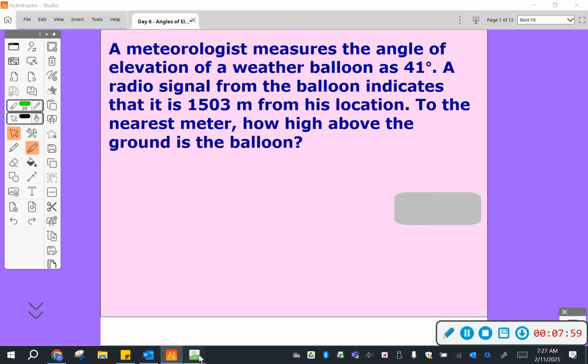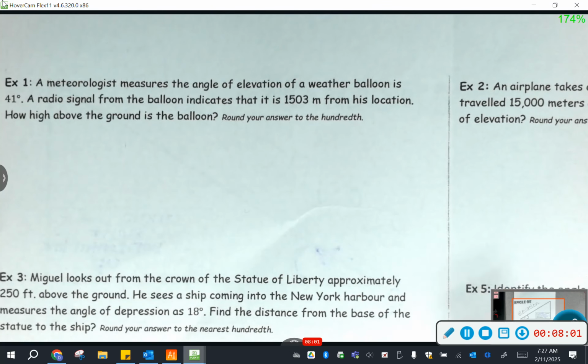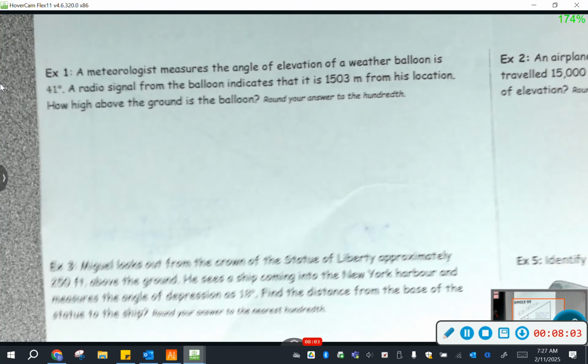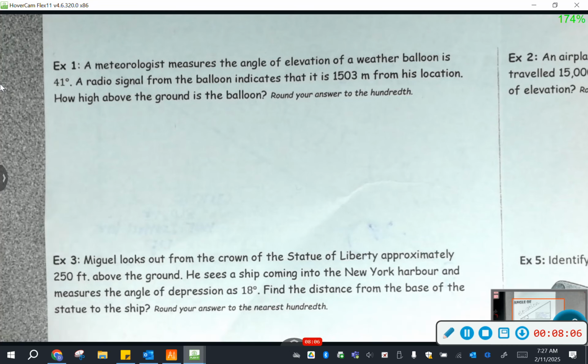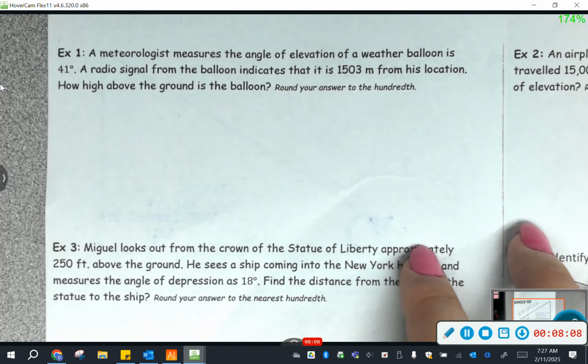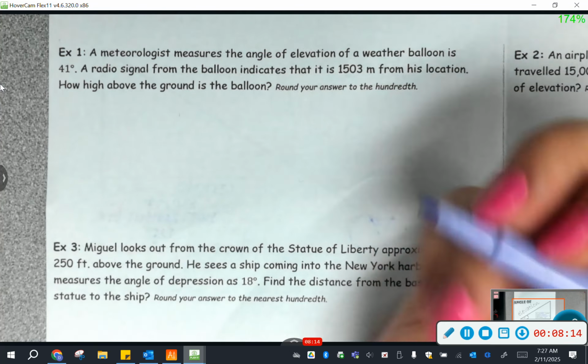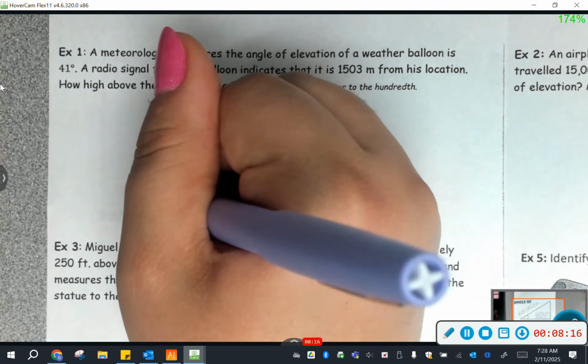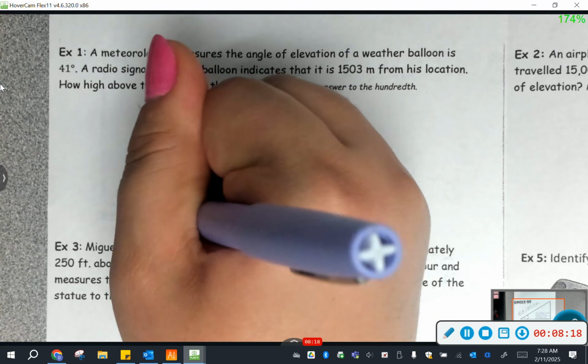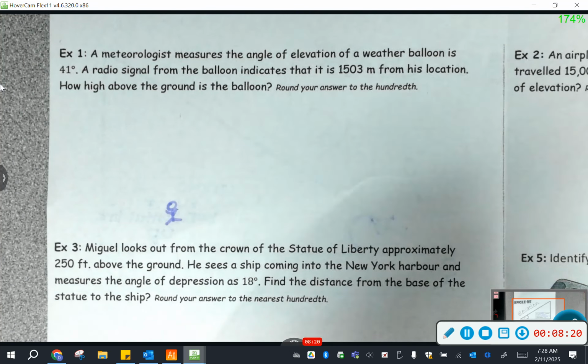All right, we are now going to go to your notes and do 4 examples, and then we'll be done. A meteorologist measures the angle of elevation of a weather balloon is 41 degrees. So, here's my meteorologist. That's how I draw people. I'm not an artist. He measures the angle of elevation.